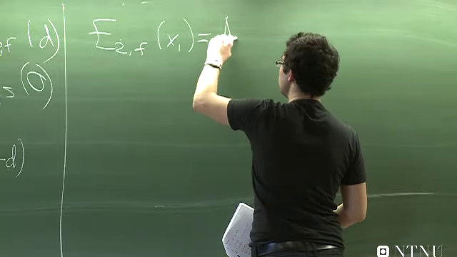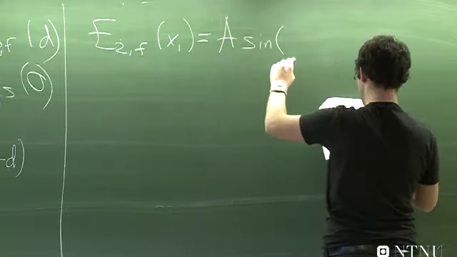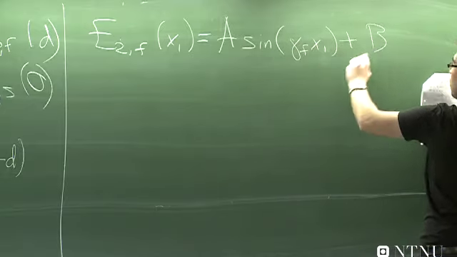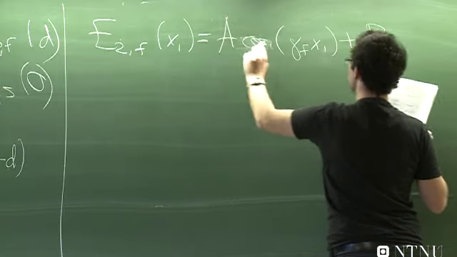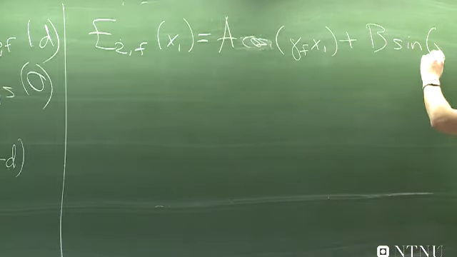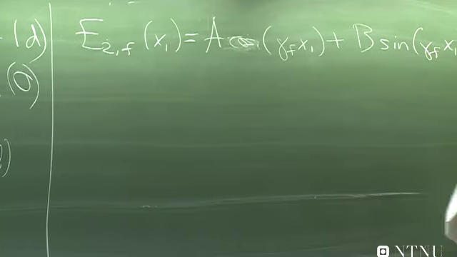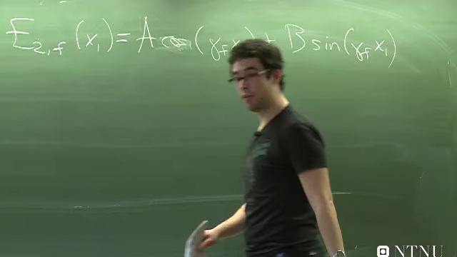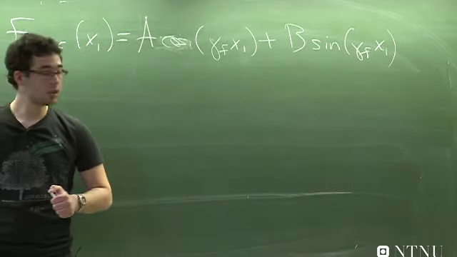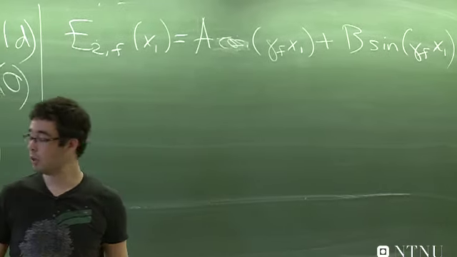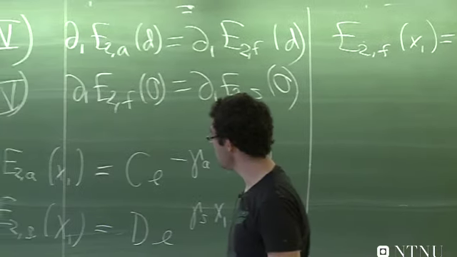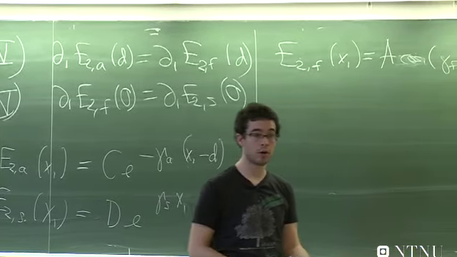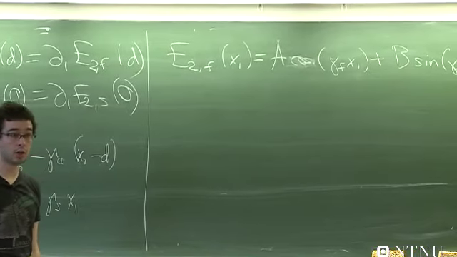So for now it's A sine of gamma_F x1 plus B, sorry, that should be cosine, of gamma_F x1, like that. Okay, so now we got rid of the D here and the C here, so we only have 4 left. Coincidentally, we have 4 boundary conditions that we didn't use yet, so we need those to set up equations for A, B, C, and D.